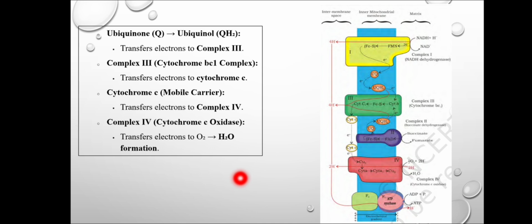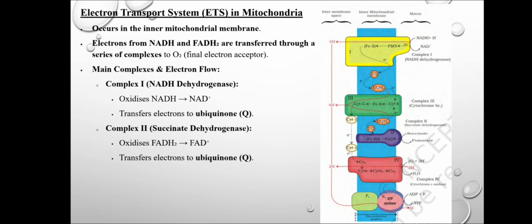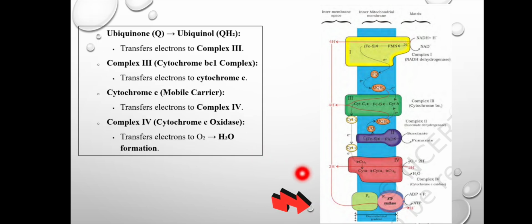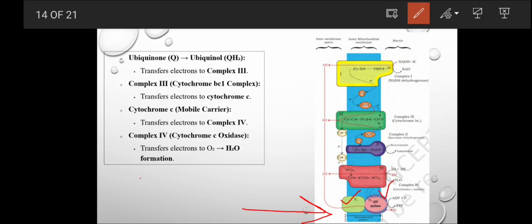So here ATP synthase will come to the rescue, and it will provide a channel. Here you can see there is an F0 and F1 particle. F0 is embedded in the membrane, F1 is protruding toward the matrix. So F0 acts as a channel and F1 converts ADP into ATP.